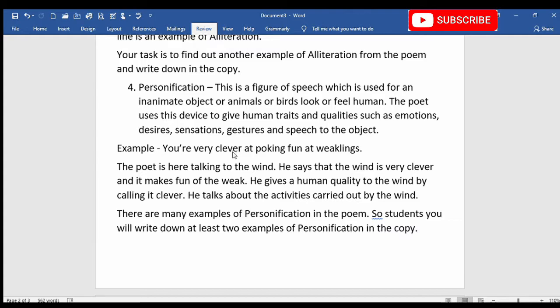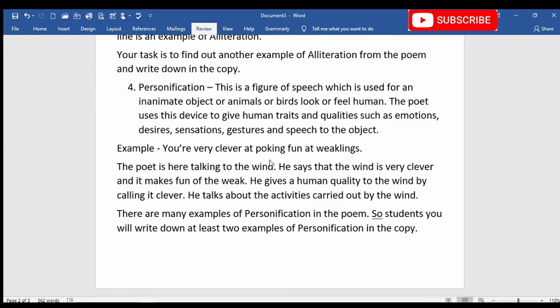You are very clever. He calls the wind to be very clever at poking fun, that is making fun at weaklings, making fun of the weak. So this is an example of personification.